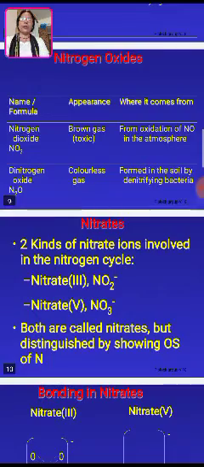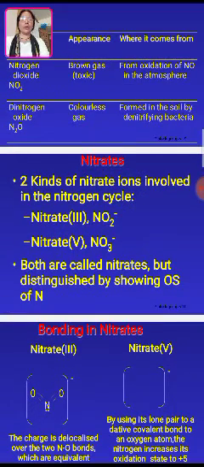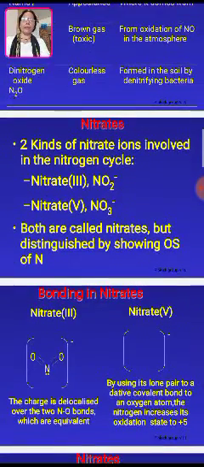Two kinds of nitrate ions are involved in the nitrogen cycle. One is the nitrate with the +3 oxidation state, that is NO2-, and another is the nitrate with oxidation state +5, NO3-. Both are called nitrates but are distinguished by the oxidation state 3 and oxidation state 5 of nitrogen.